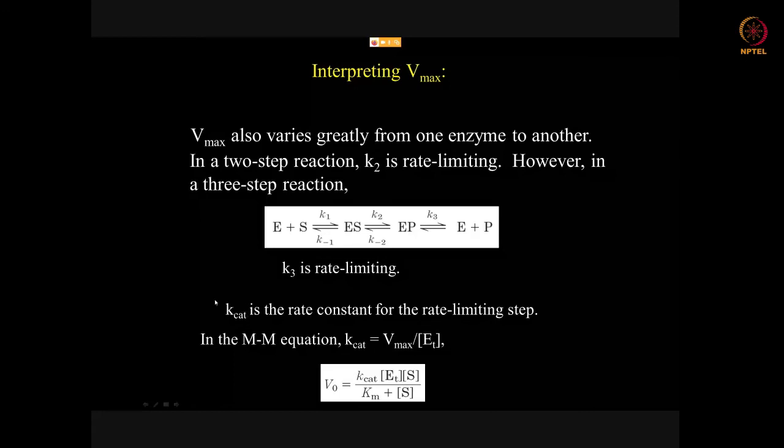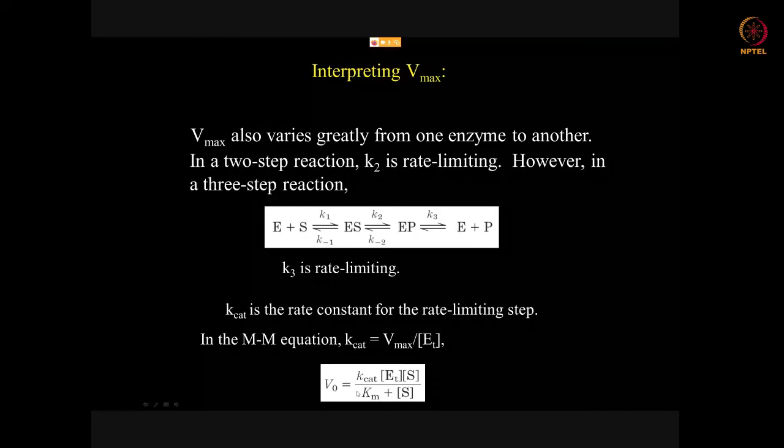And this is an important one. So, the higher the value of this, the higher the overall rate of the reaction. So in the Michaelis-Menten equation, if we go back, K-cat will be equal to Vmax by ET. So in the Michaelis-Menten equation, you have K2, and that K2 is Vmax by ET, and if you substitute, then you get this situation.